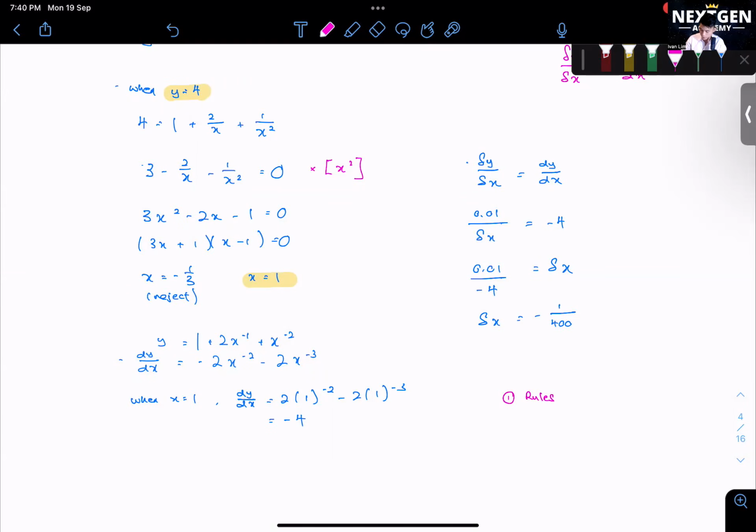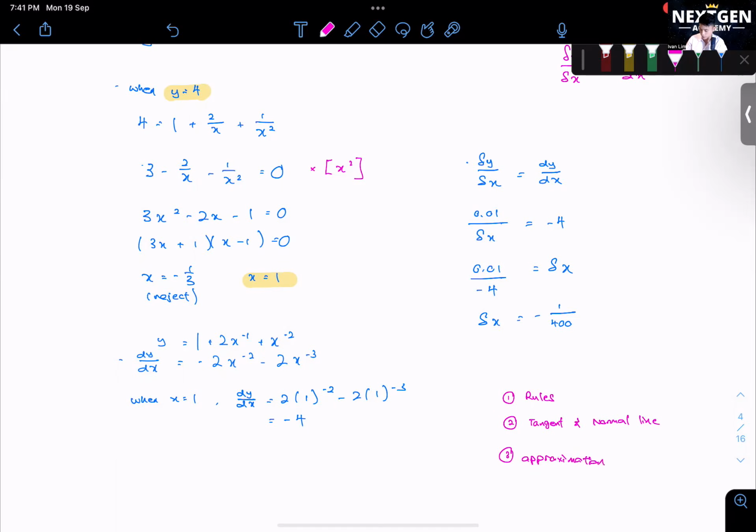Second one, they will probably ask you some tangent and normal line. Construct some sort of tangent line or normal line. You need to relate it with dy over dx. dy over dx also means gradient. Third type, approximation, which is this one.